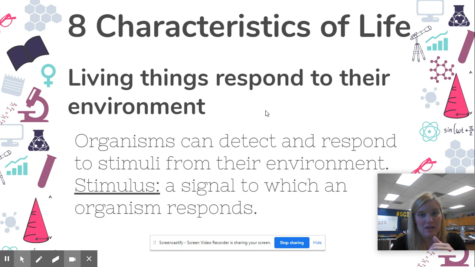So that is me responding to my environment. Like I said earlier, if you're cold, then your body starts shivering to try to create more heat internally. So you are not just kind of walking around and have no sense of feeling, have no sense of what's going on. Your body is always trying to respond to what is happening around it.